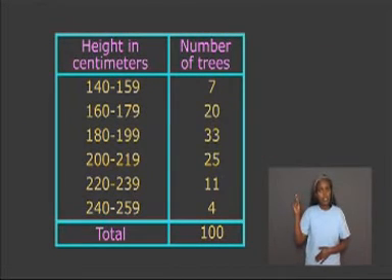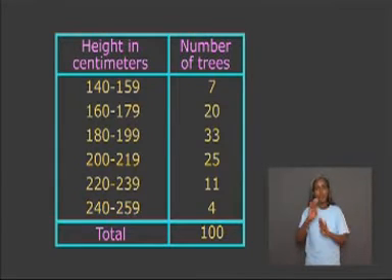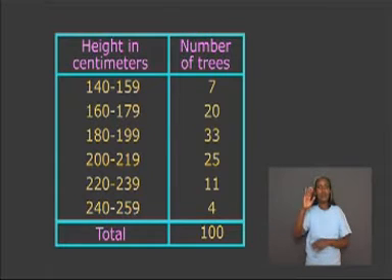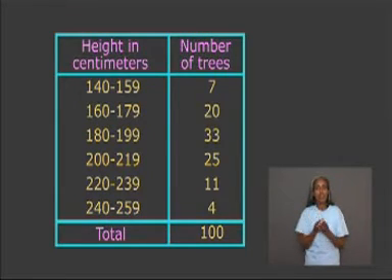Here we see a frequency table created by a biologist who was measuring the heights of trees growing around a water source. The data values are the heights in centimeters found on the left. The frequency is on the right, showing the number of trees.